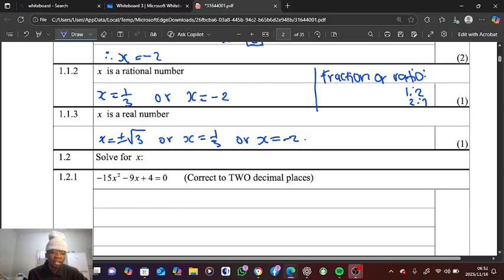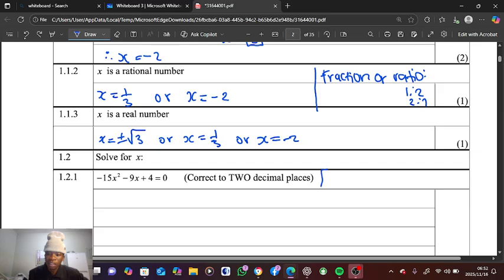1.2 says solve for x given that -15 minus 9 plus 4 is equal to 0, correct to two decimal places.